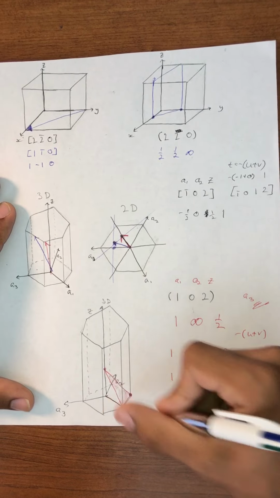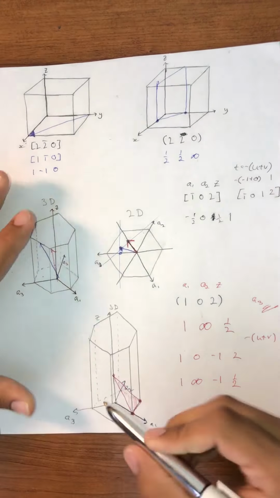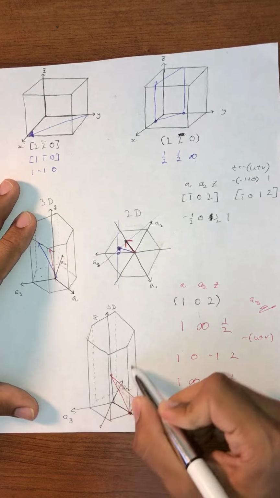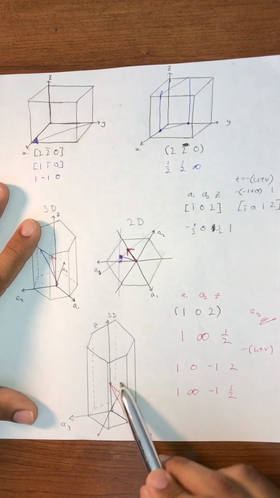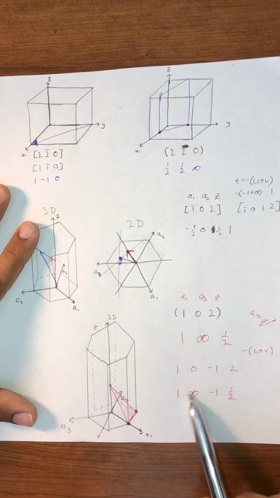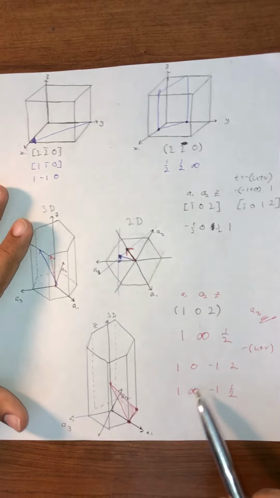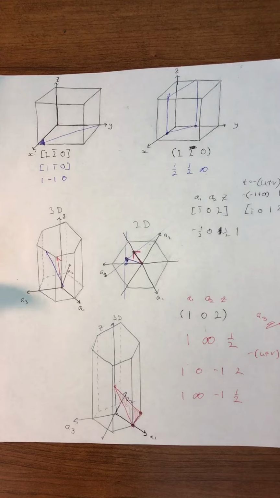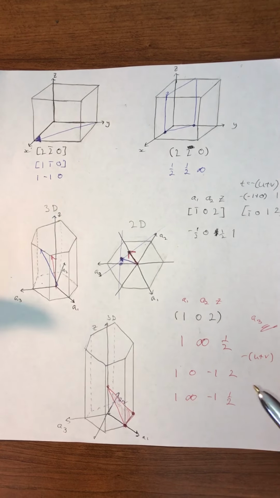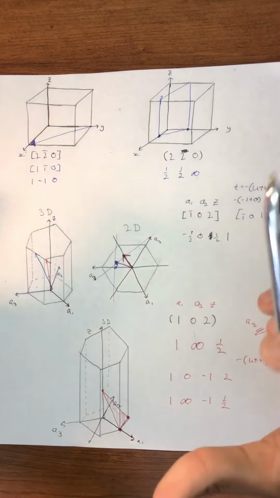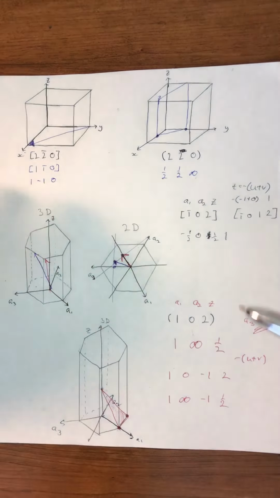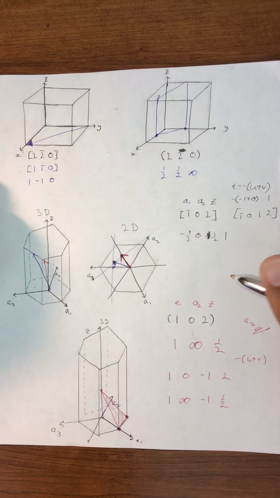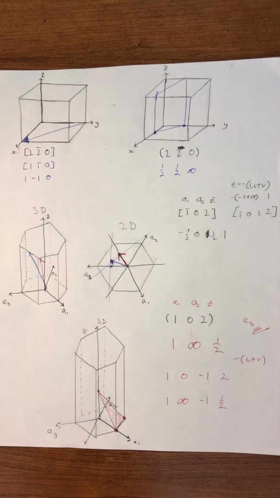You can double check because you know that the A2 axis is right here, and this plane does not touch the A2 axis at all, because the number here is infinity. So that's all it is. It's straightforward if you just draw it out and follow all the algorithms that you're given. Thanks for watching, and I hope you learned something.